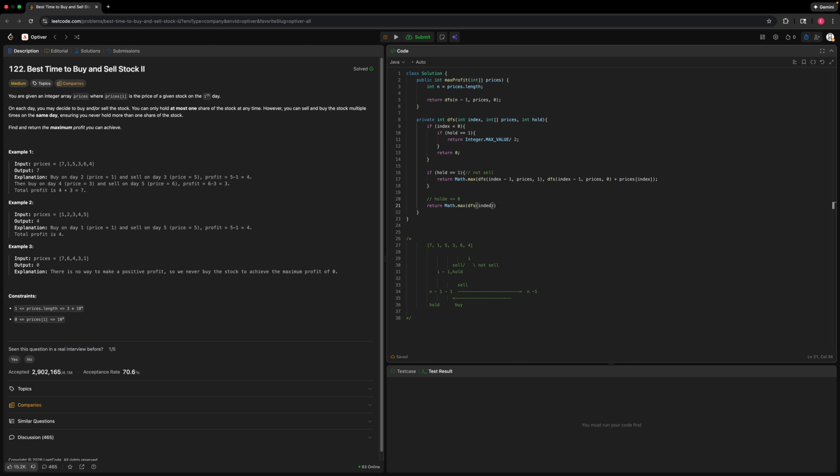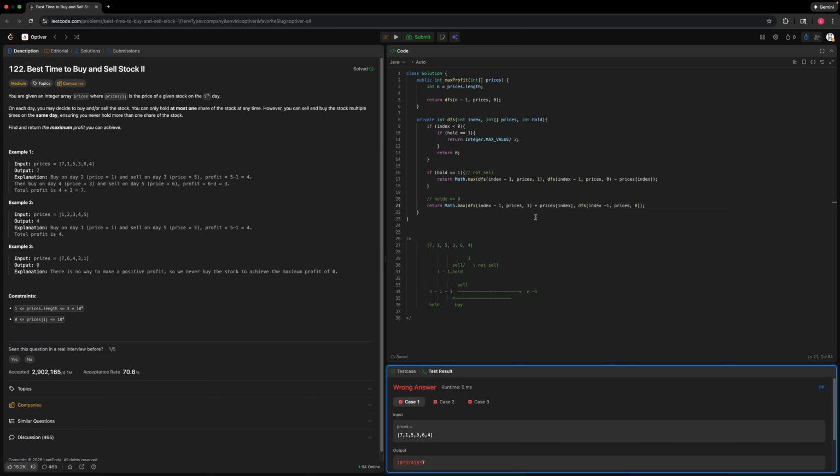DFS previous one is prices, hold, and I currently now sell it. I sell it and can make money, so this one is minus prices index. And DFS index minus 1, prices, didn't buy anything, I just inherit prices index.